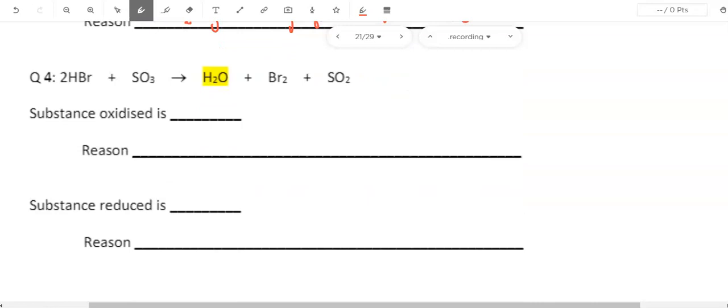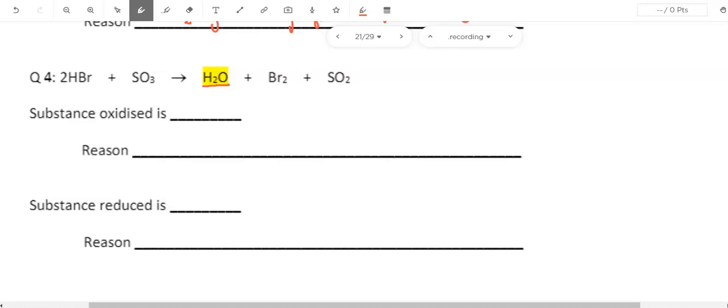Okay, so this is the next question over here, and the last one. You realize H2O is highlighted in yellow because we want you to just ignore the H2O over here first. Based on the gain hydrogen, lose hydrogen, gain oxygen, lose oxygen concept, it's a bit difficult to differentiate what's happening over here. So in this case, we're helping you by telling you to ignore this first.